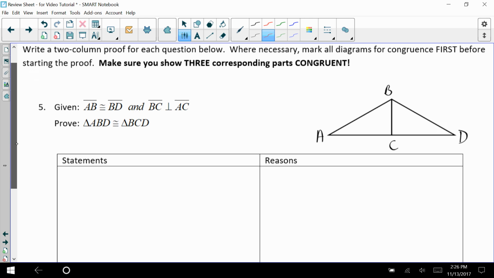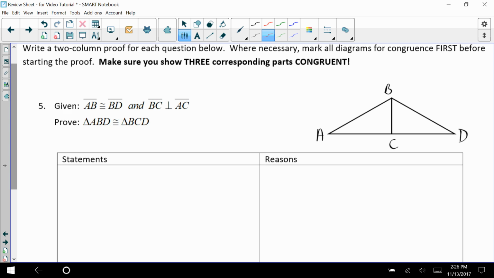So now some proofs. We need to make sure that we're marking up the diagram as we go. So if AB and BD are congruent, and then we know that BC is perpendicular to AC. So we know that we have two right angles. So let's write our given.